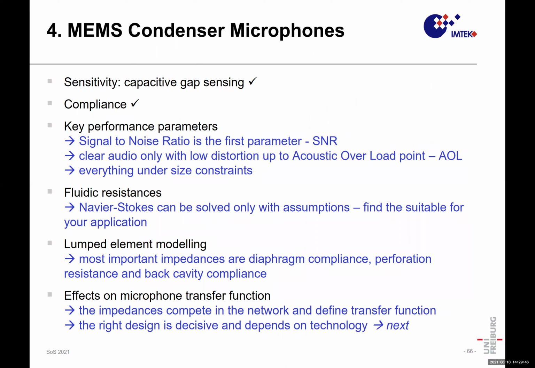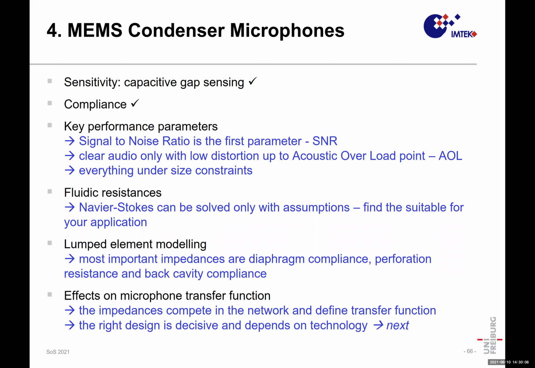So once again, we reflect on the key performance parameters, signal noise ratio, acoustic overload point, and this under constraints of size, of course, also cost. Don't forget about this. Then I was giving you an insight into the Navier-Stokes and how to simplify this for our applications here.